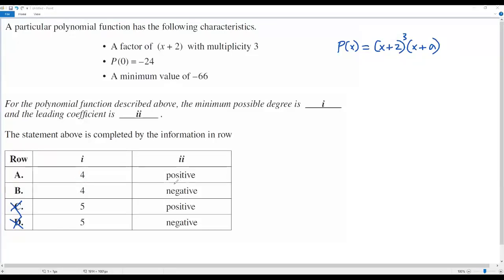But one more thing we have to find, whether the leading coefficient is positive or negative. So that we have to decide. Okay, so here the second factor must be linear, so that we get x cubed over here and we have x over here, and when we multiply them, we get x to the fourth power. So the degree is even.